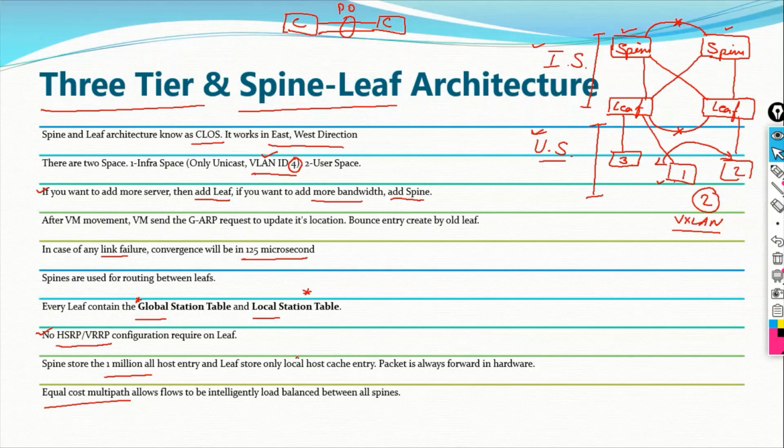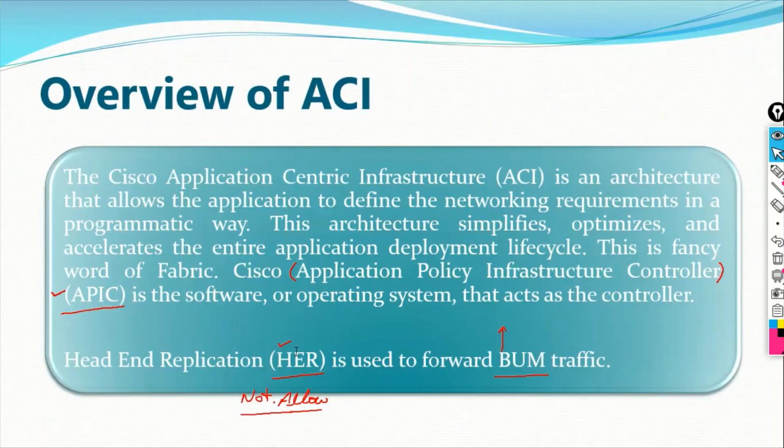Right, so this is the information about spine and leaf, what spine and leaf is, and the difference from the 3-tier architecture. A very high-level overview of the ACI infrastructure: how ACI is, why it has been organized, what its use is, and what components we are going to use here, right?